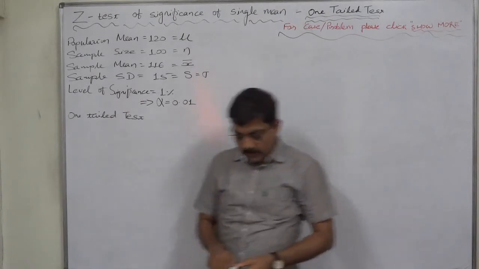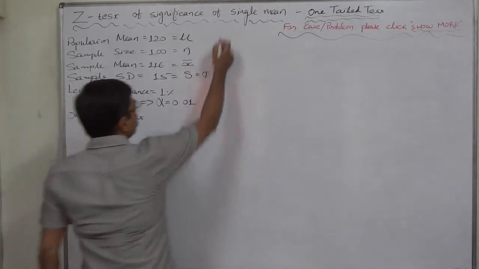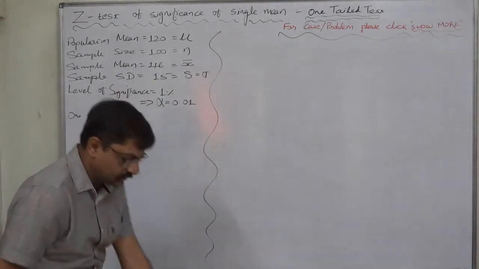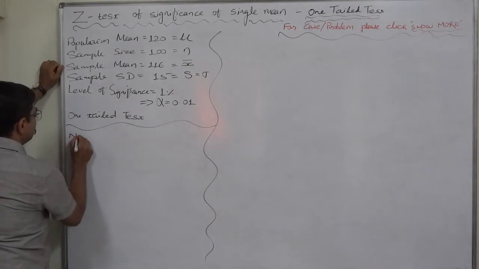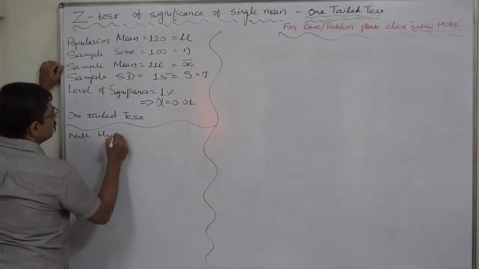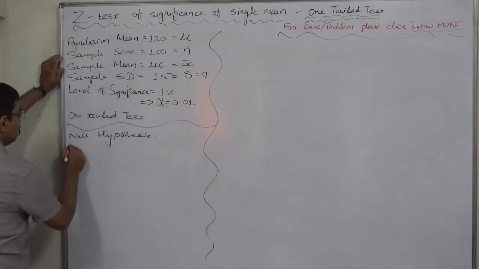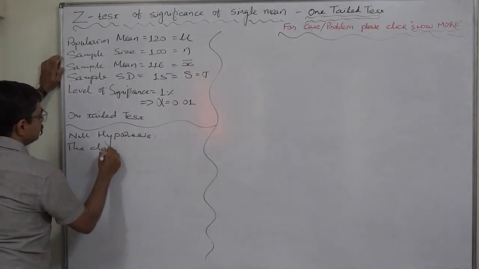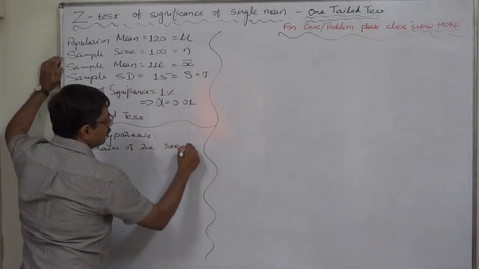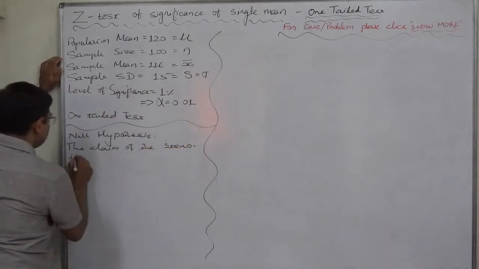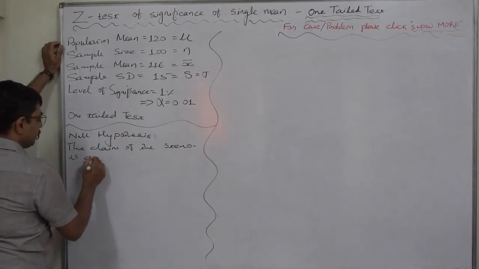Okay. Now what about the null hypothesis? Very simple null hypothesis. What is it? The claim of the stenographer is acceptable.